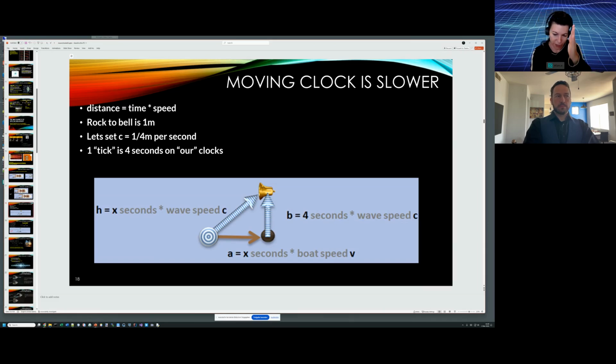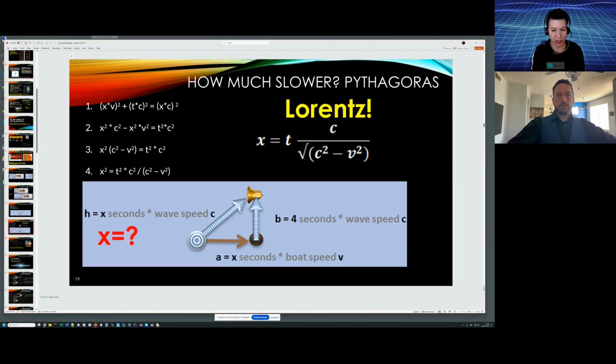If we know it's 4 seconds when it's standing still, we have 4 seconds times the wave speed c, while at that time, the boat moves at velocity v, and so we have the triangle, and guess what? You get the Lorentz factor out of this. If you just do the very simple math, the triangle: x times v squared plus this square equals the hypotenuse squared. You get the Lorentz factor. That's it. That's all it is.